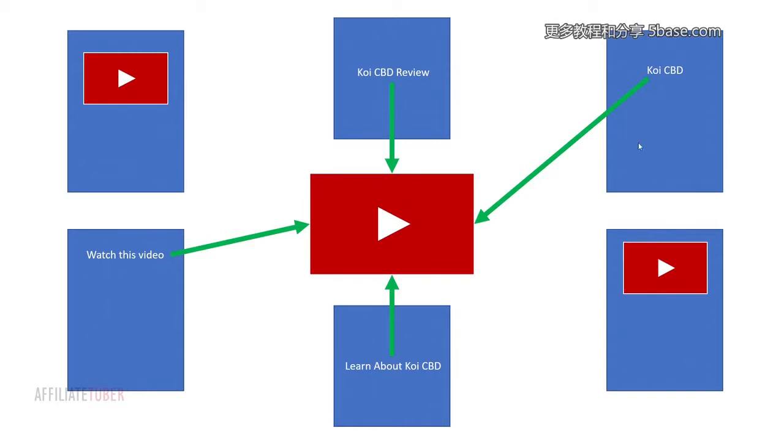Let's say this is CNN.com's website. CNN.com is a highly authoritative website. Millions of visitors, tons of backlinks going to their website, which makes it extremely popular. And if they link, like, Koi CBD as their text, going to your video, that will give your video a tremendous boost in rankings because CNN is seen as a very high authority domain through Google's eyes.